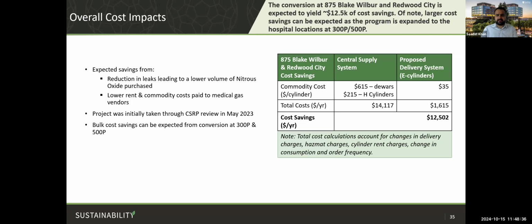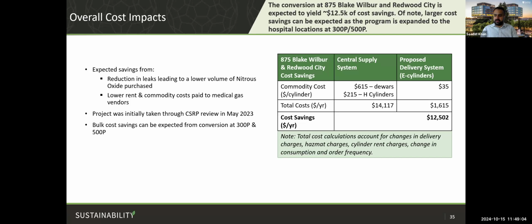In terms of cost savings, as Dr. Collar also mentioned, it is a relatively cheap gas, but there's still some cost savings involved. So, depending on how your organization looks at cost savings, you might consider this cost neutral, but there is some cost savings. In terms of the commodity cost, the dewars of the cryogenic tanks are about $650 per, H cylinders are $215 per from the prices that we have, and then E-cylinders are about $35.